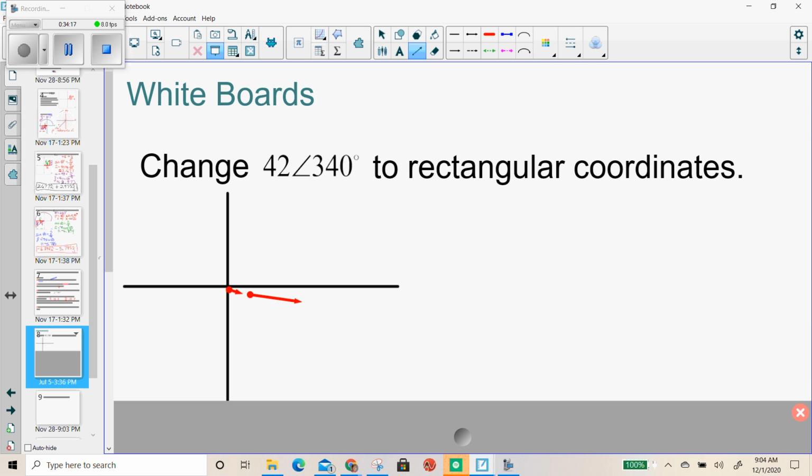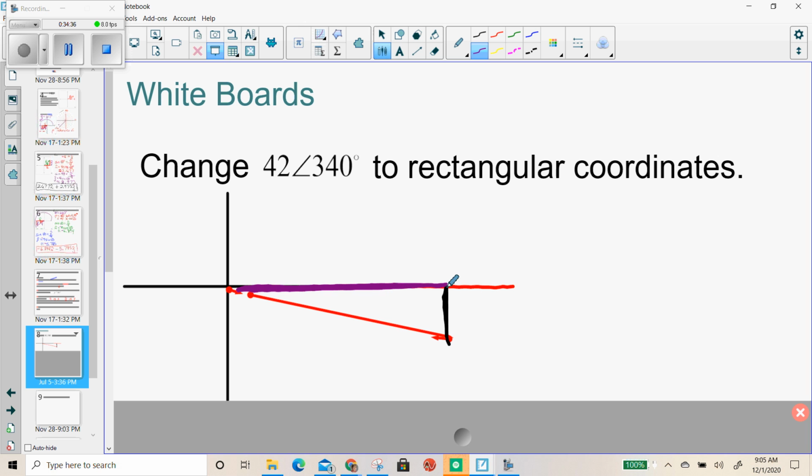So I'm going to attempt to draw, it's supposed to be one line, but it's just being weird for me. So now we're going to extend that out here, and we're going to make a triangle. We must go back to the x-axis so that one side of our triangle is part of the x-axis.